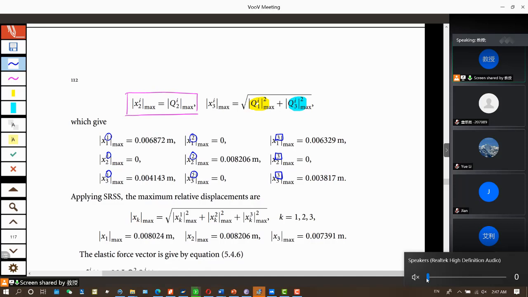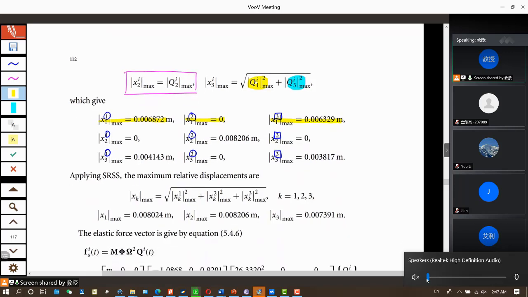Combine the directional contributions. Do this for each one, and you get this, for node 1, node 2, and node 3. So this is for the displacement.